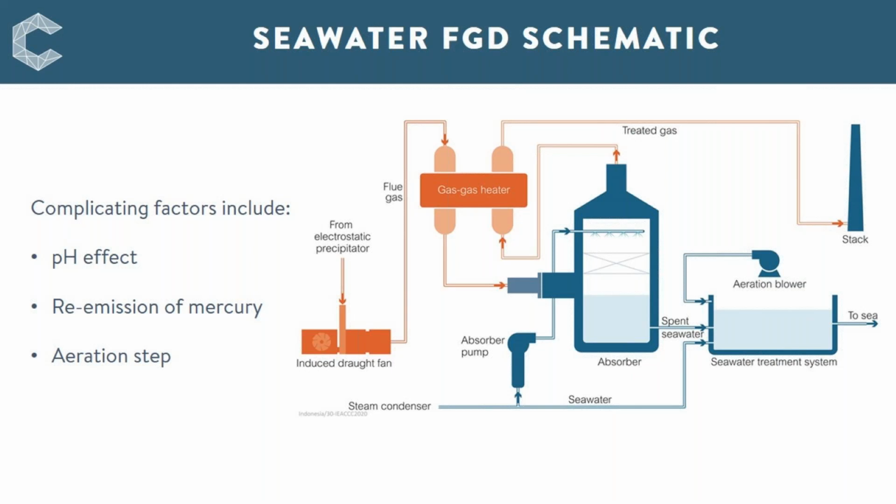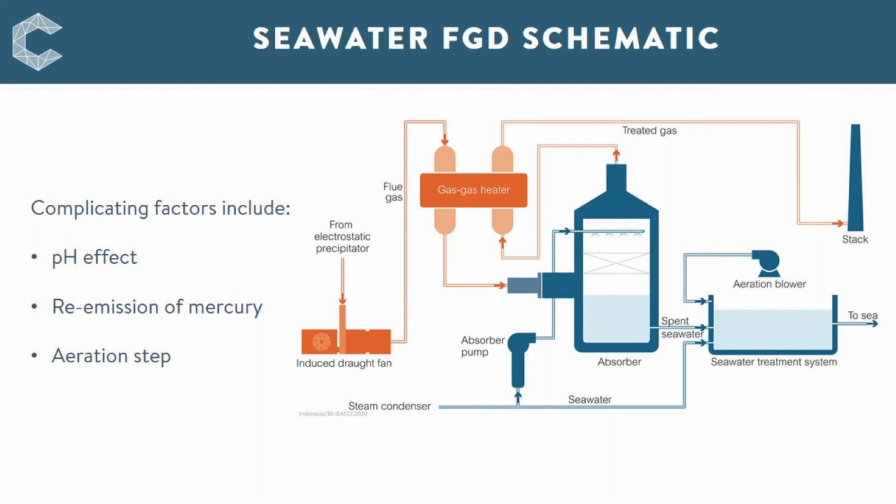So going back to the pH difference, we understand fairly well how to prevent and counteract mercury re-emission for a wet limestone scrubber, but we will need to verify that this practice is good and feasible for seawater FGD. Where the big difference comes is in this step, which is seawater treatment.